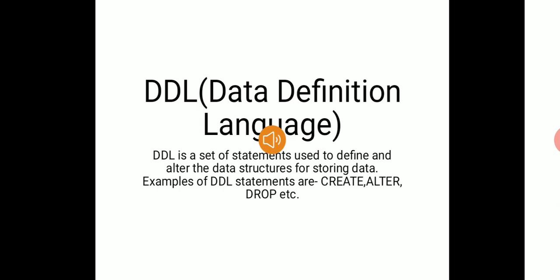So create table is a very common statement which you have already encountered, by which you are able to create the table. Now similar to create, the alter table command can be used to alter a particular table, and the drop table command can be used to drop a particular table.